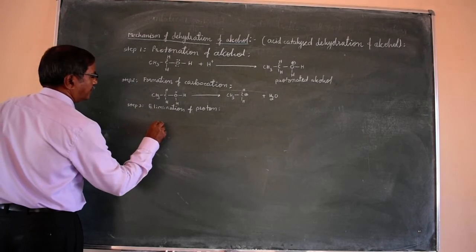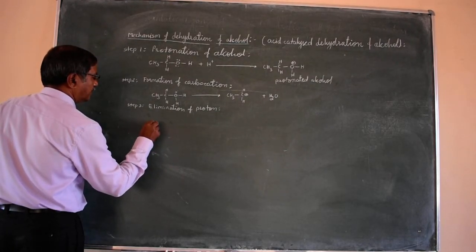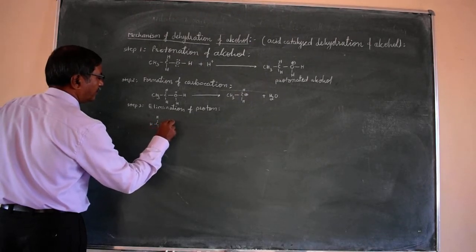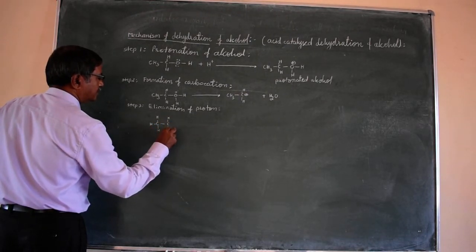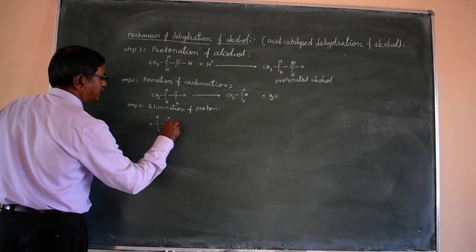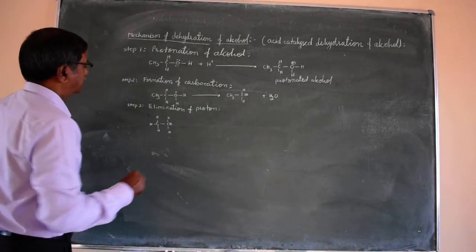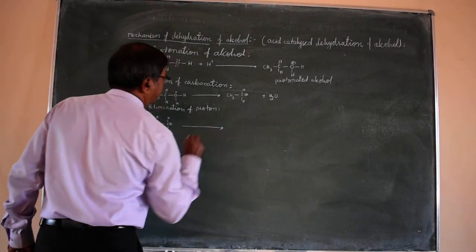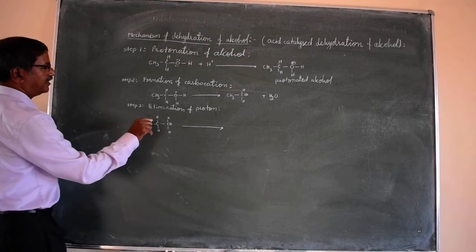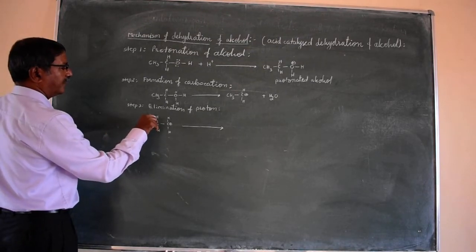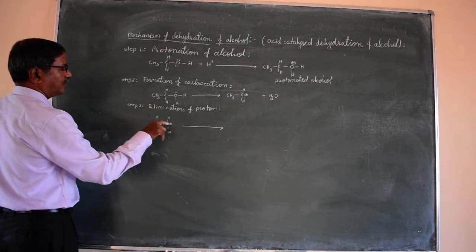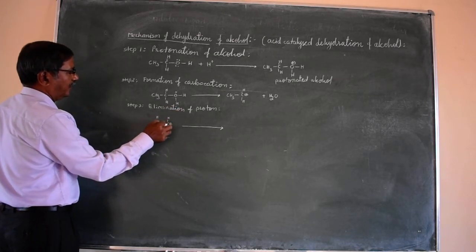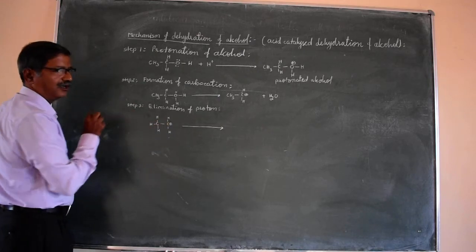Now you have to write the complete formula of this: CH3, CH2, and we have the positive charge here. Writing the positive charge on carbon is important, without that you won't get the marks. Elimination of hydrogen, that is proton H plus, takes place from the adjacent carbon. So H is eliminated from here and you get the double bond between these two carbon atoms.